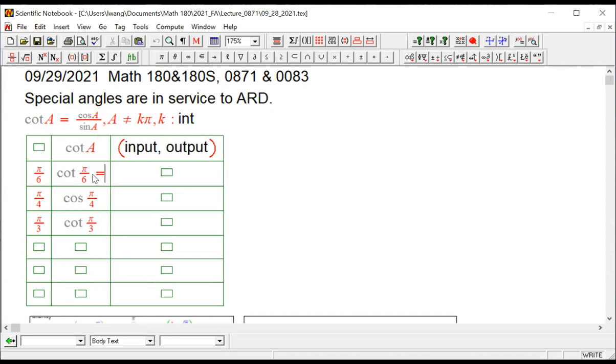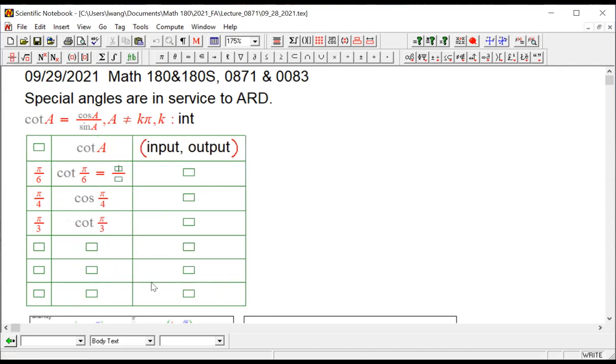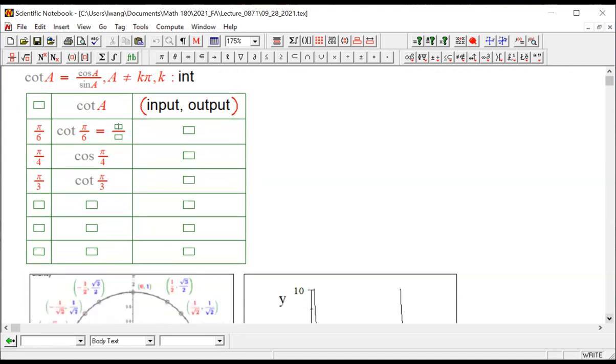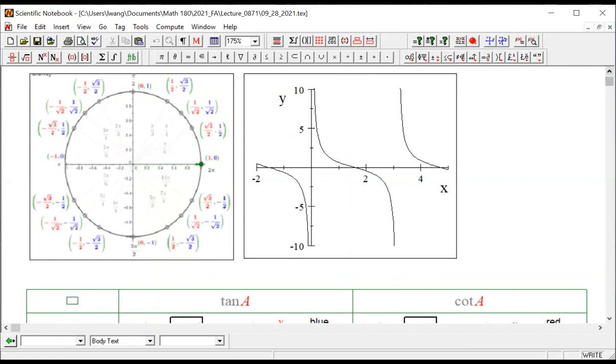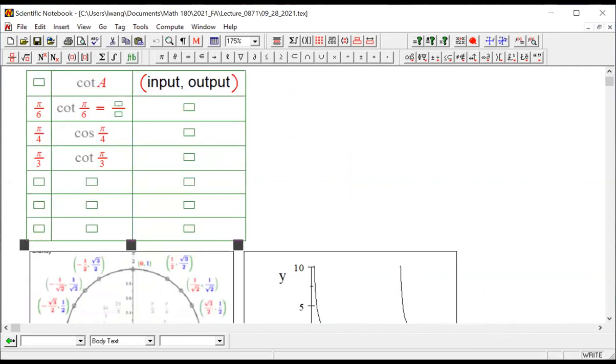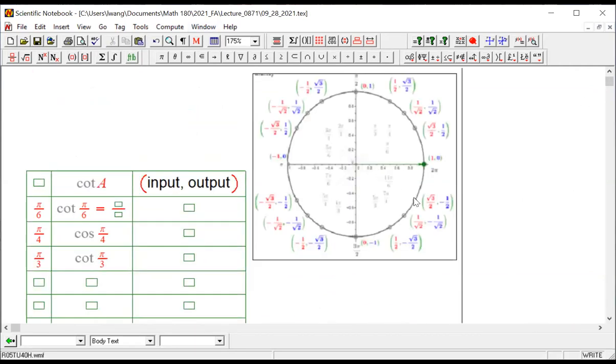These are trigonometry concepts, but also the reducing, the calculation. So cotangent pi/6 is cosine pi/6 over sine pi/6. Cosine pi/6, and then where do you go? I'm going to bring the unit circle here. The angle is pi/6.